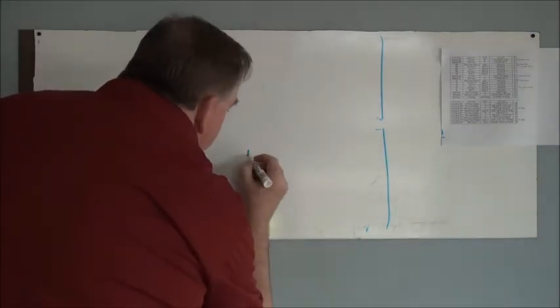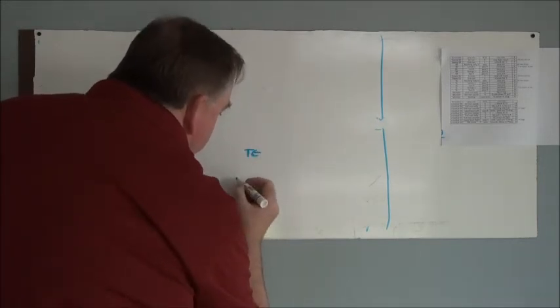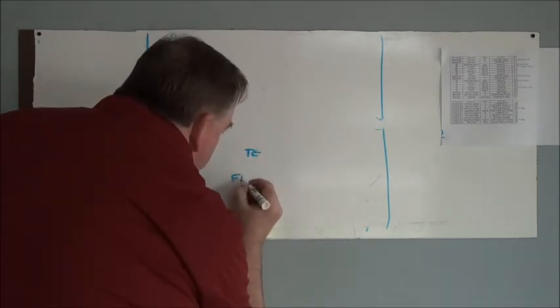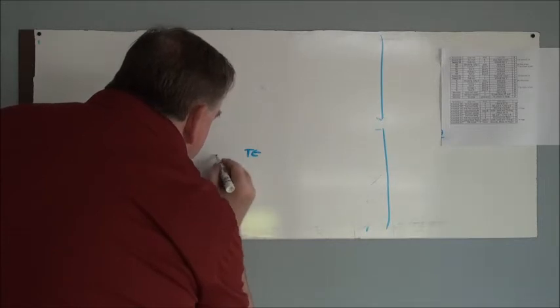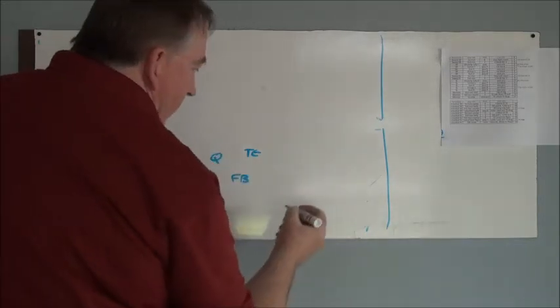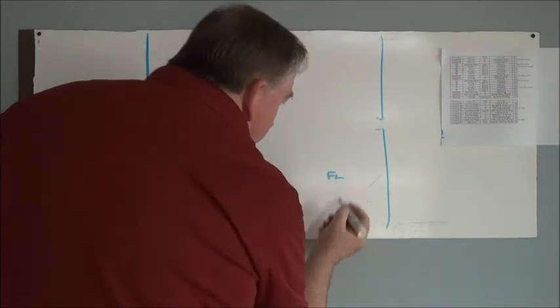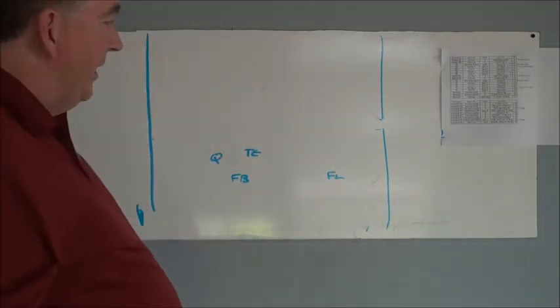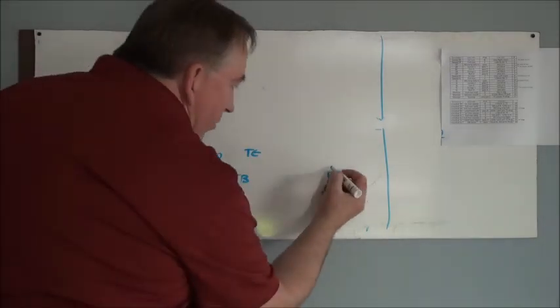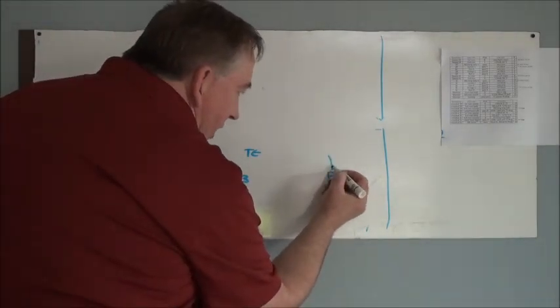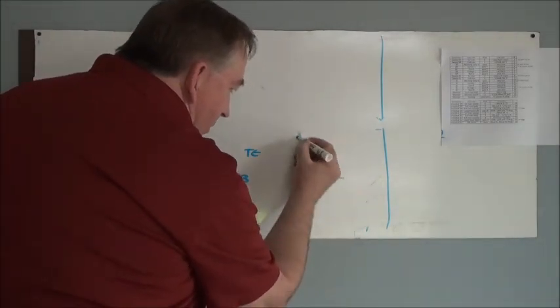So we have tight end, and because we're strong side, we've got the fullback, we've got the quarterback, we've got the flanker. It's run exactly the same. The flanker has to motion up to the line of scrimmage and then turns around and bubbles back.